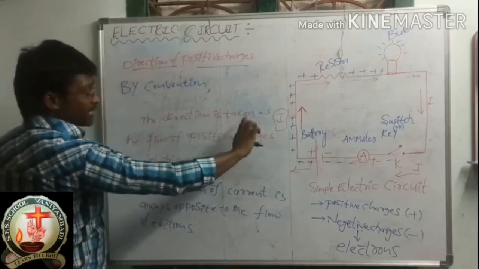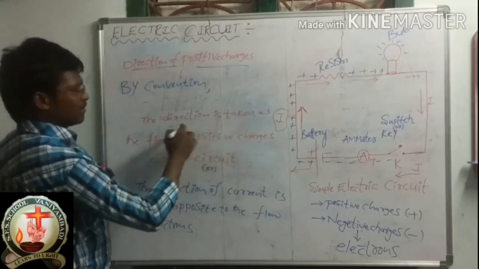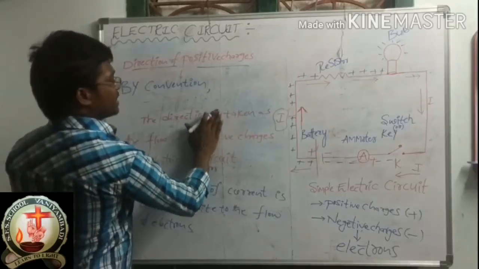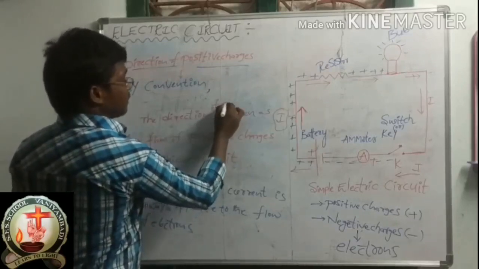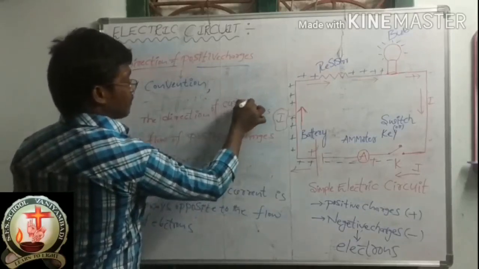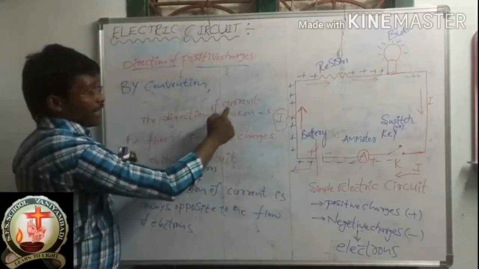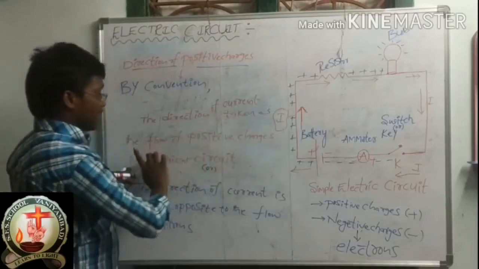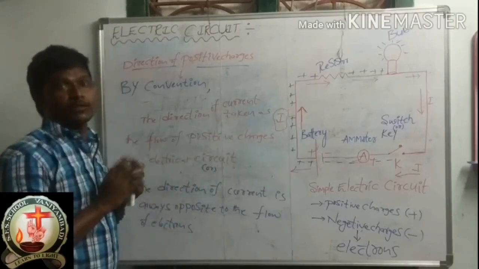the direction of current. By convention procedure, the direction of current is taken as the flow of positive charges in electric circuit.